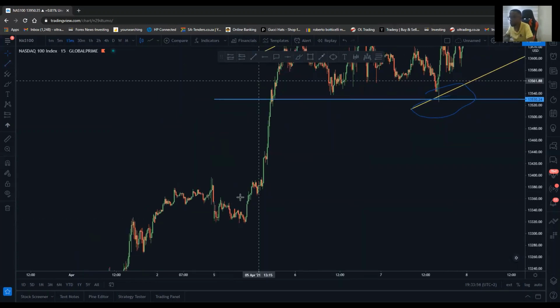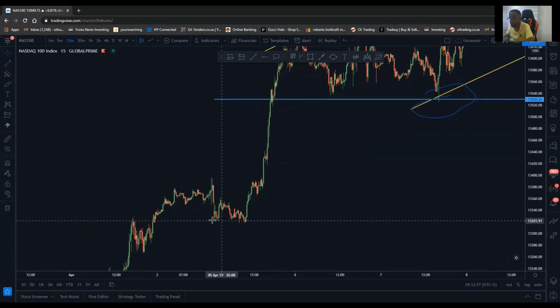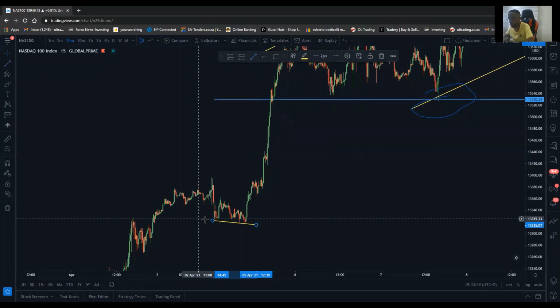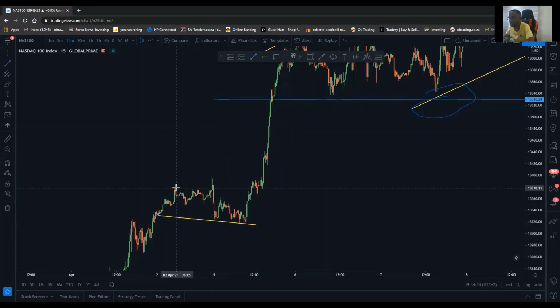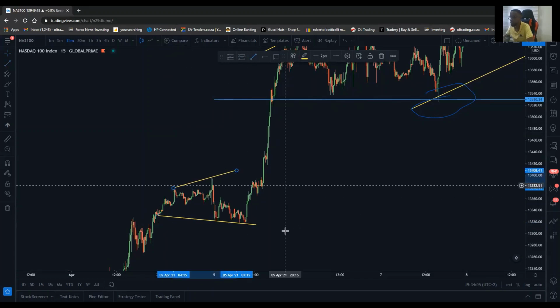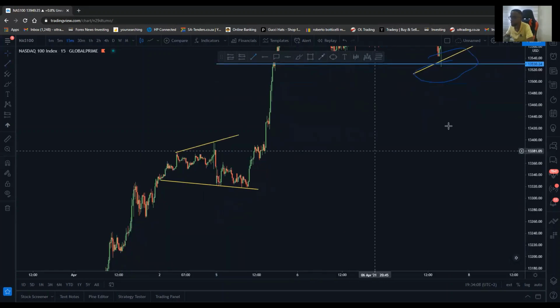I'll just be doing a little bit of back testing. Look what happened here. So you can basically see that we are having a pattern, and those patterns, they tend to repeat themselves. Understand?